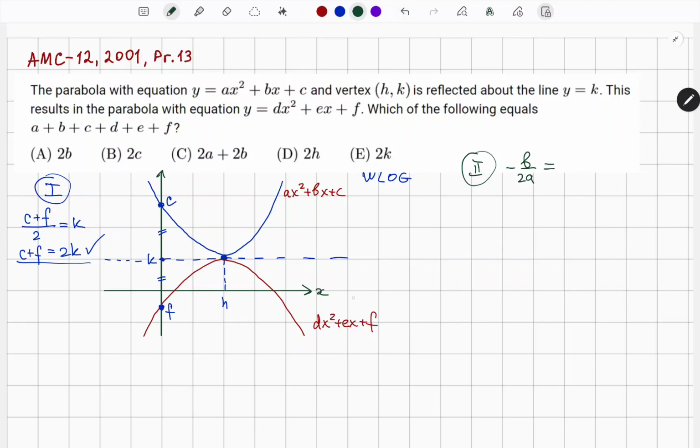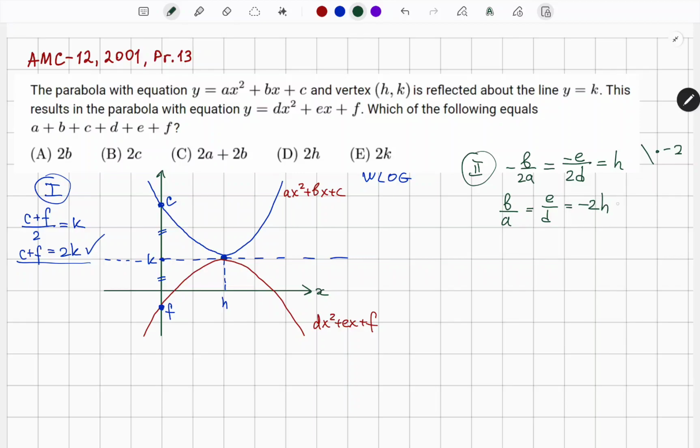It must be equal to the x coordinate of the vertex for the reflected parabola, which is minus e divided by 2d. So both values are equal to h. So I can multiply all three sides of this equation by -2. It means b over a is equal to e over d is equal to minus 2h.